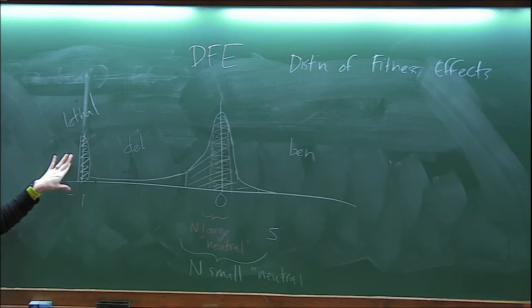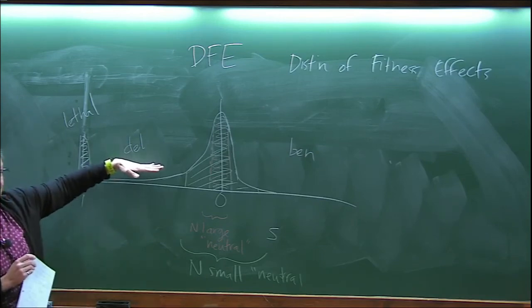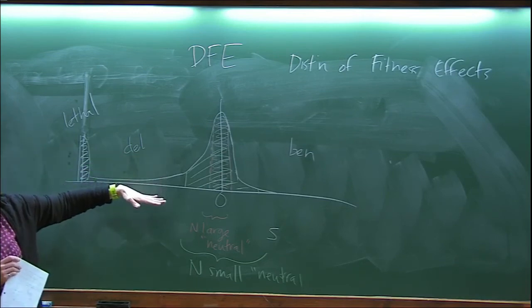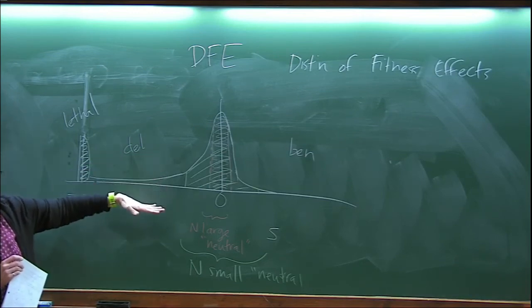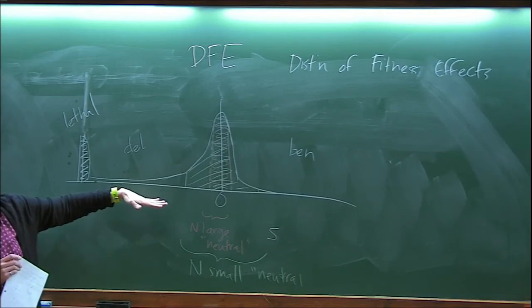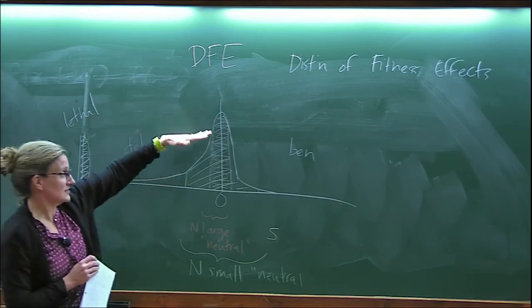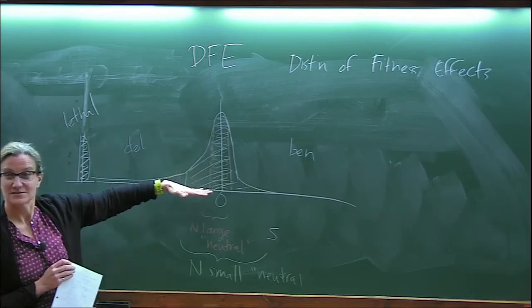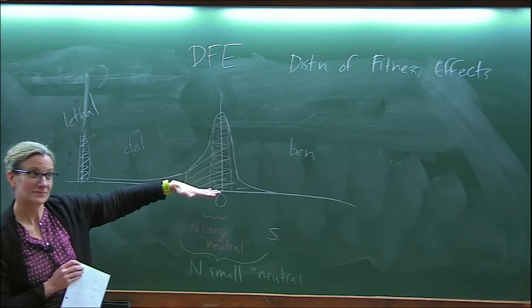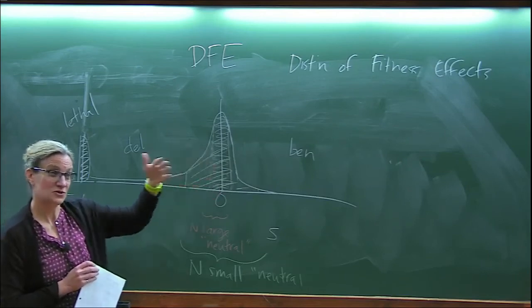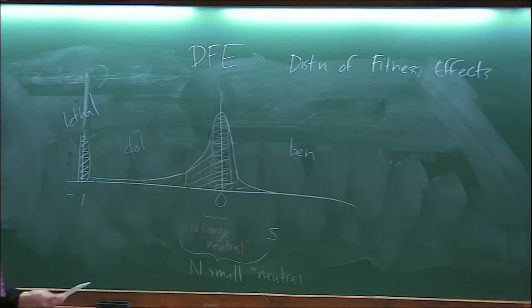Now, as the population gets bigger and bigger, the chance that the deleterious mutations fix gets smaller and smaller, right? And in the limit of infinity, which is what we do with this branching process, anything deleterious, their fixation probability goes right down to 0. So maybe having this picture in your head will help. Yeah? Okay.